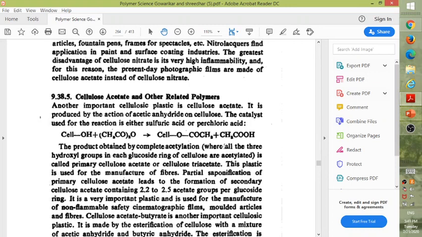The product obtained by complete acetylation, where all the three hydroxyl groups in each glucoside ring of cellulose are acetylated, is called primary cellulose acetate or cellulose triacetate.